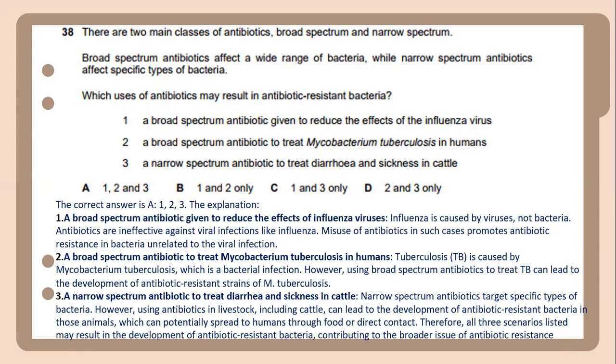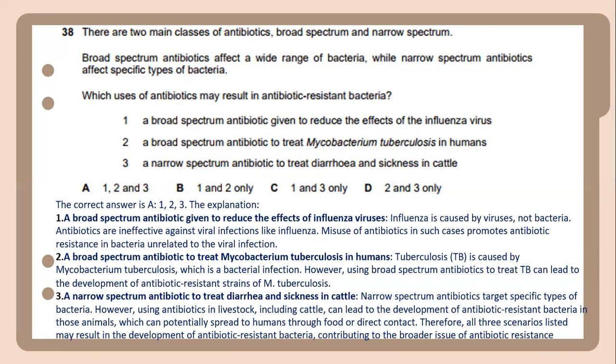Number 2, a broad spectrum antibiotic to treat Mycobacterium tuberculosis in human. TB is caused by Mycobacterium tuberculosis, which is a bacterial infection. However, using broad spectrum antibiotics to treat TB can lead to the development of antibiotic resistant strain of M. tuberculosis. Number 3 statement, a narrow spectrum antibiotic to treat diarrhea and sickness in cattle.